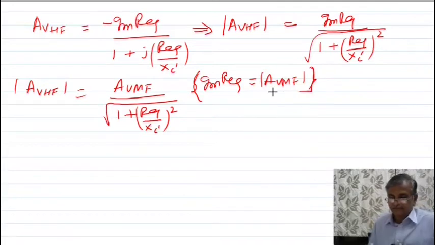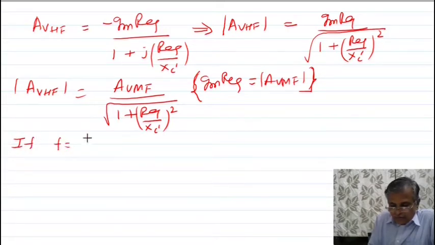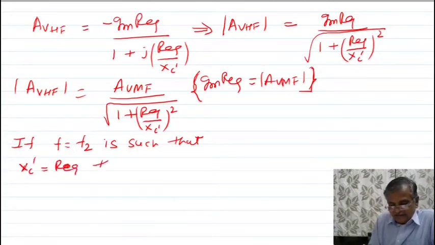You know this. Now, if f is equal to some frequency f2 such that the reactance XC dash is equal to R equivalent, then gain at high frequency will be equal to 1 by root 2 times gain at mid frequency.